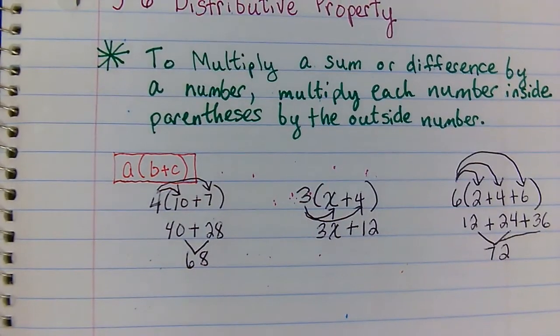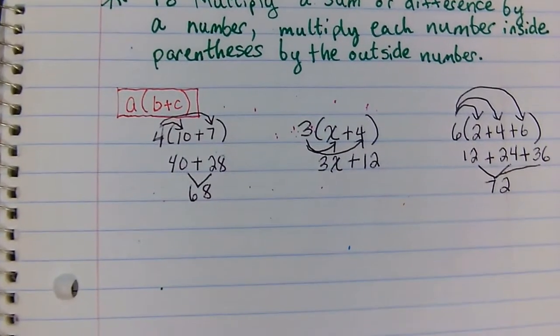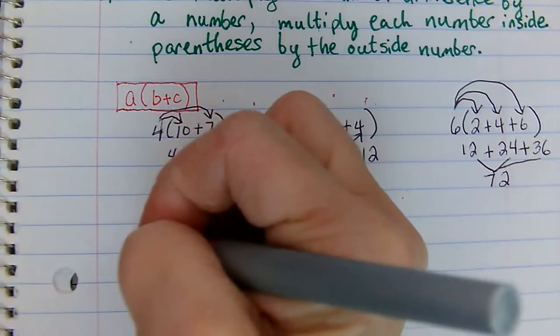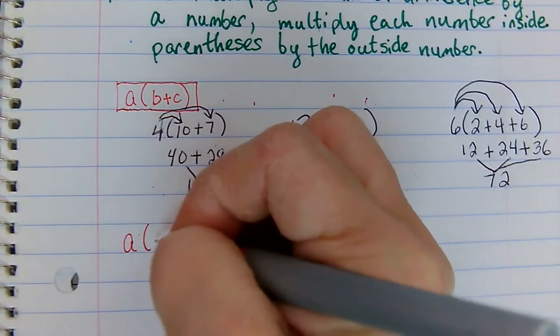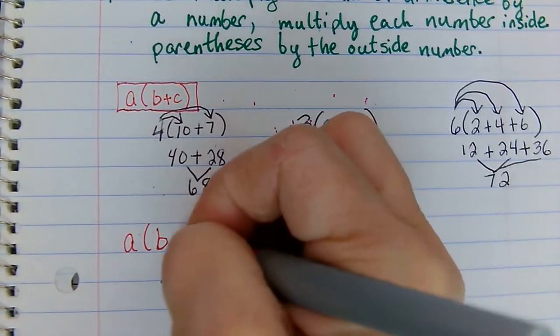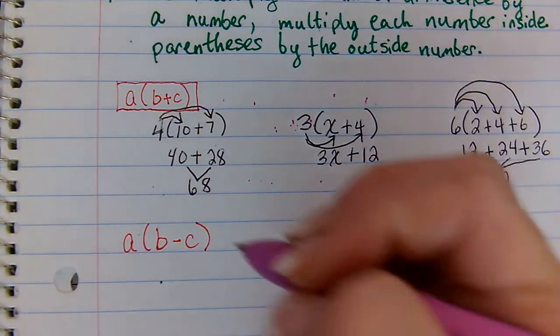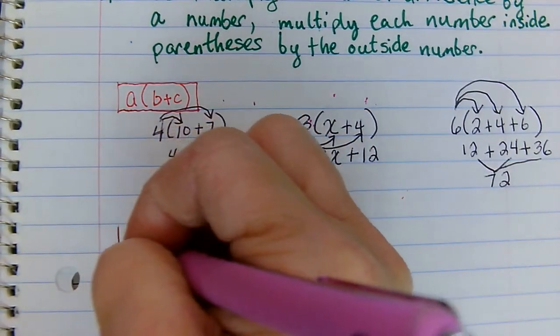Okay? Let's look at our next visual. And right down here, we're going to write A times the quantity of B minus C. So different this time. Okay? And then we'll have first example, which is, I'll put a box around this.